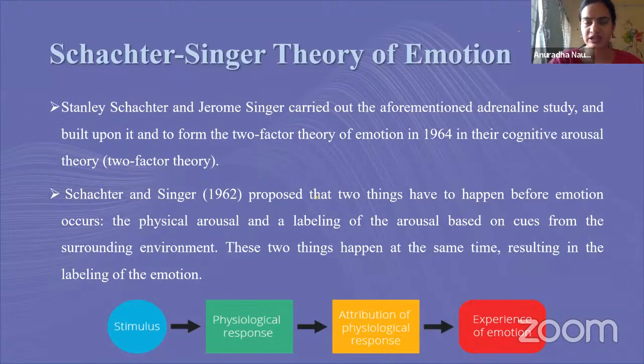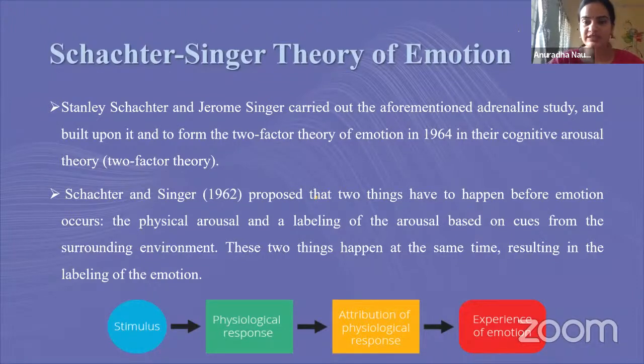Some people were injected with adrenaline, and we could see that cognitive prompts led to certain experiences of emotions, but not all emotions were experienced, even though adrenaline was injected into people. So Schachter and Singer came up with the two-factor theory of emotion in 1964, which is called the cognitive arousal theory as well.